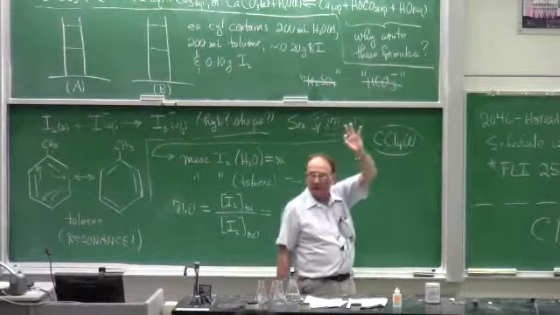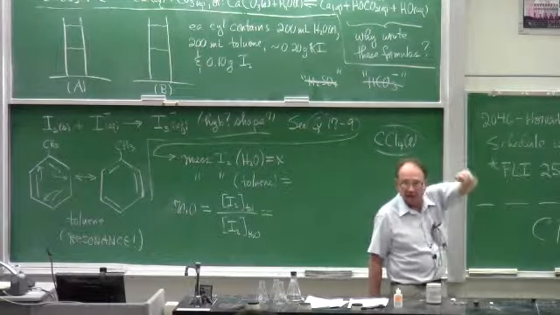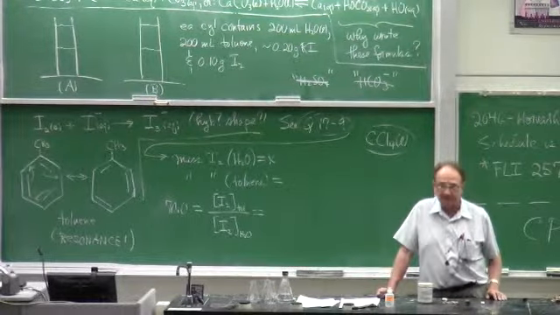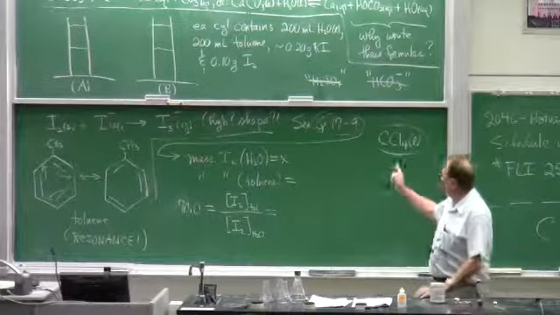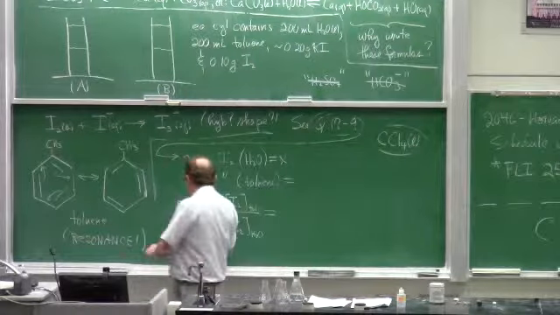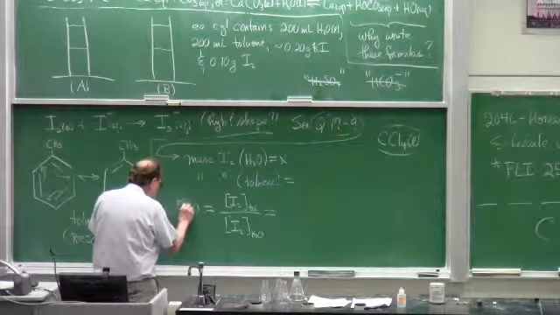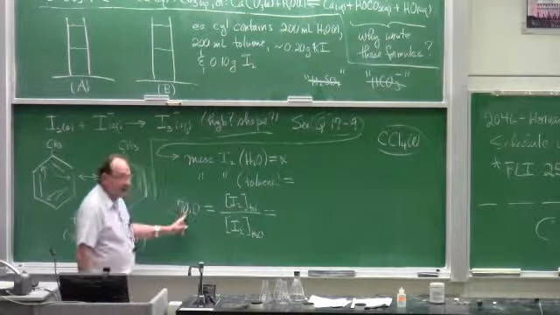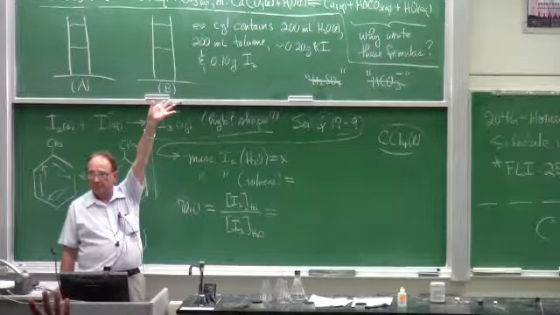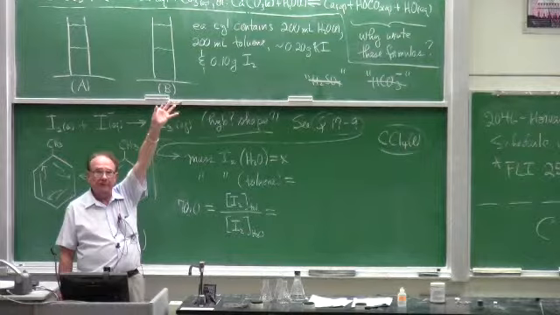That's good. Carbon tetrachloride is clearly a different molecule than toluene, so the same is not a likely bet. How many vote that with carbon tetrachloride as solvent for I2 rather than toluene, this number would be bigger? That's correct. Why would it be bigger?